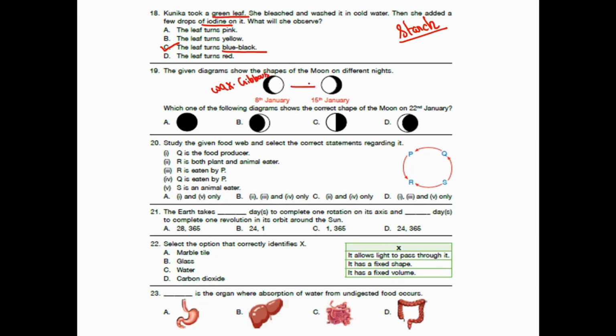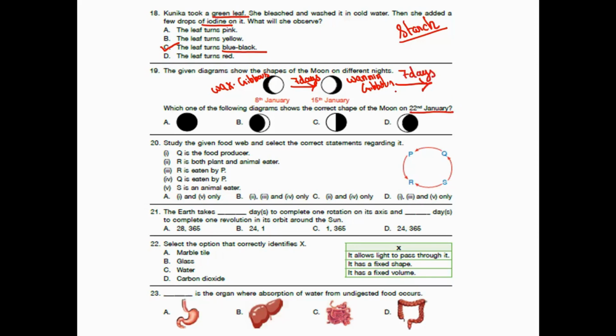Exactly after 7 days, the shape of the moon is waning gibbous, right? So the next part is 22nd January. After 15th January, the next 7 days come as 22nd January.